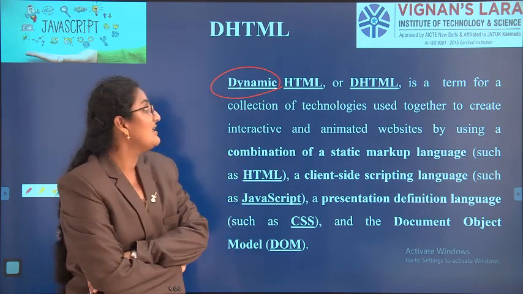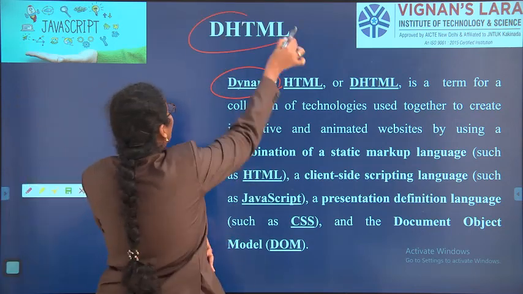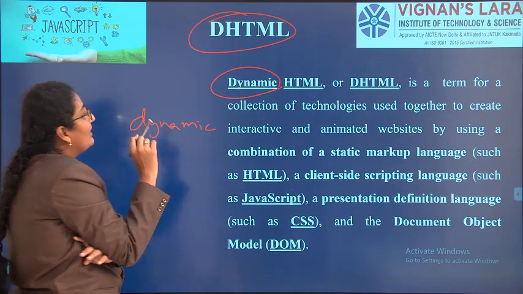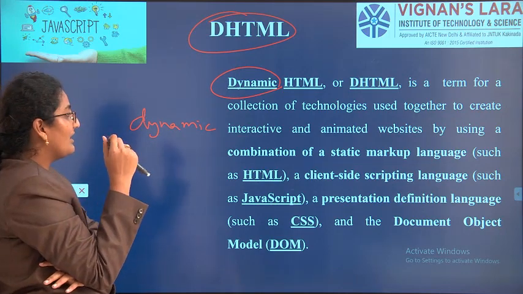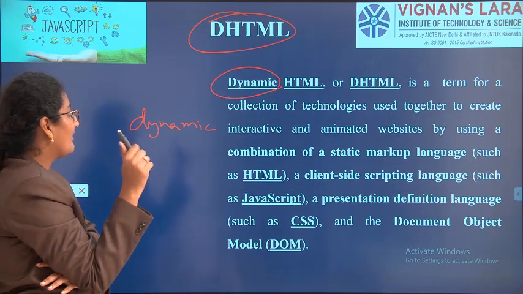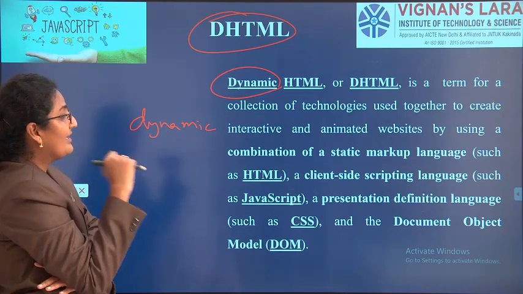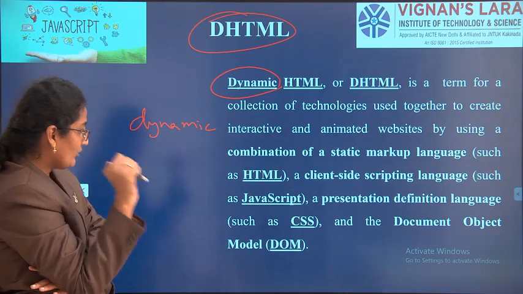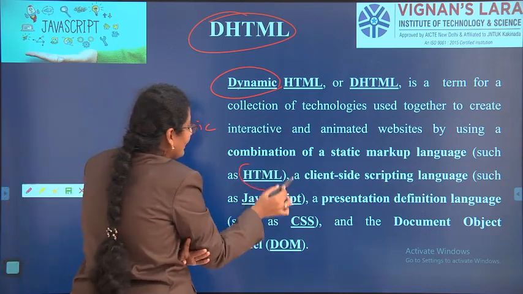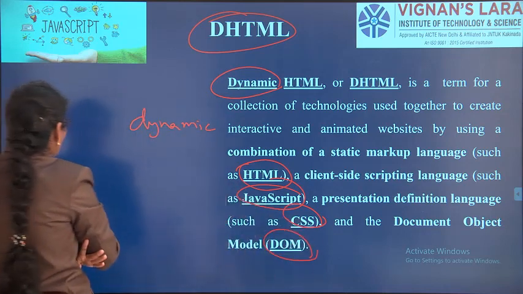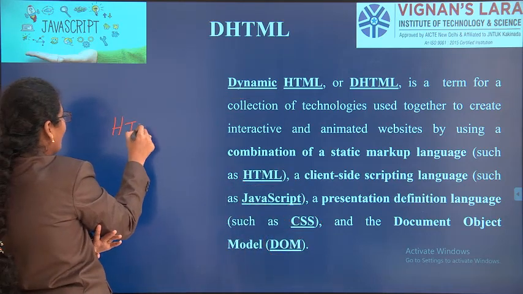Now we have to discuss DHTML. DHTML is nothing but dynamic HTML. What is the full form of HTML? You already know, hypertext markup language. What is dynamic HTML? The combination of HTML, JavaScript, CSS and DOM.